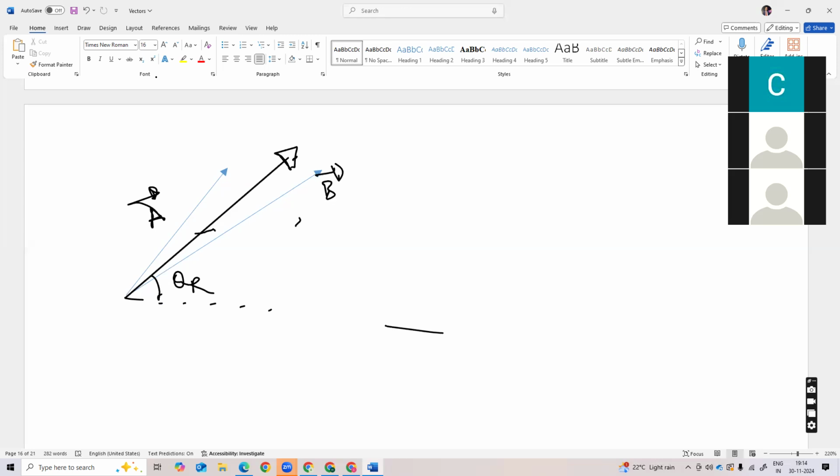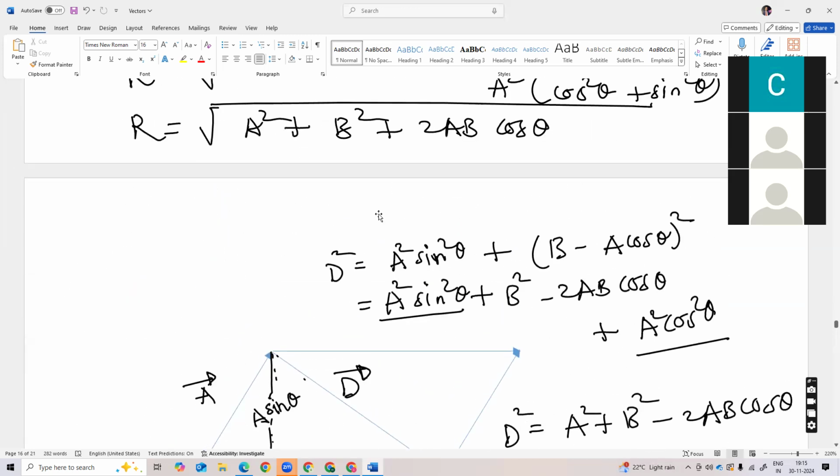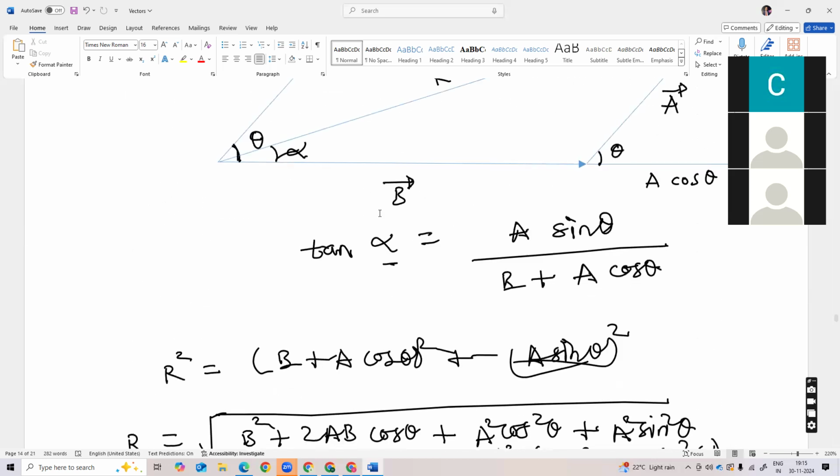If you make vector B horizontal, then vector A will be at 15 degrees from vector B. Then you will find the angle alpha, which is the angle made by the resultant with vector B. First you find this alpha angle using the same formula, A sine theta upon B plus A cos theta.